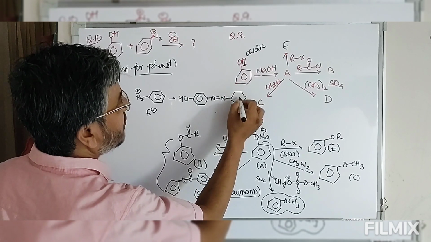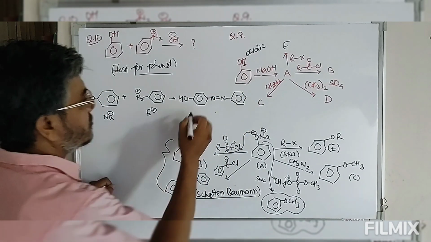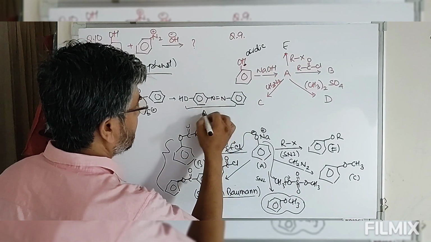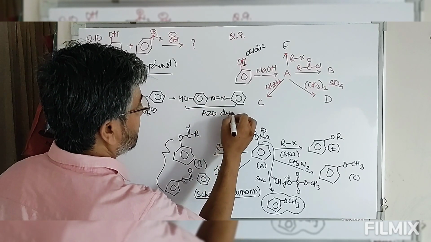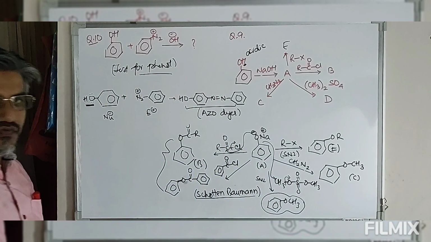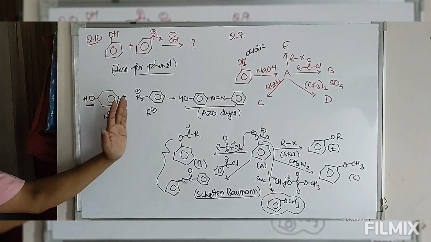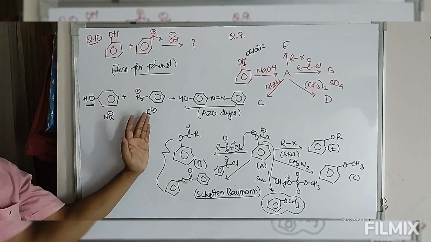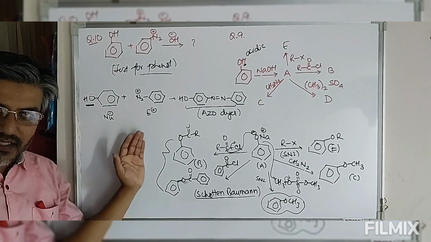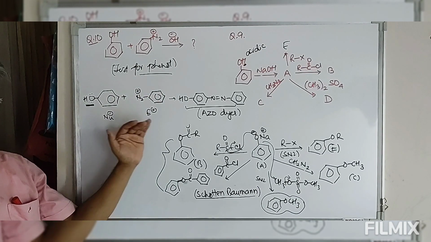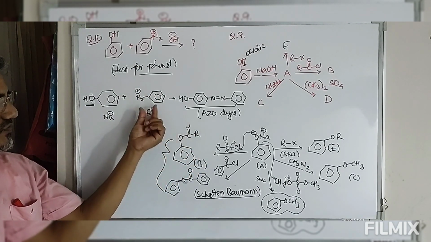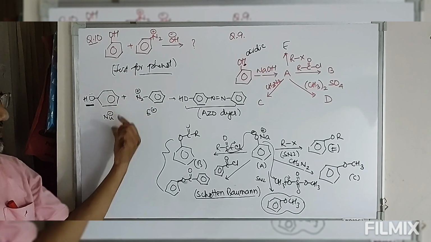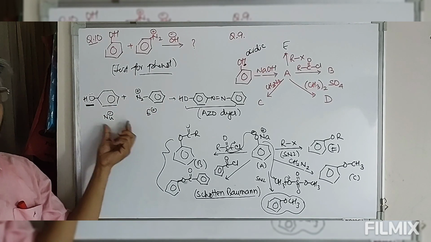This compound is a colored substance which is known as an azo dye. So phenols on reaction with benzene diazonium ion in the presence of mild alkali undergo a coupling reaction between phenol and the diazonium ion. This is nothing but an electrophile-nucleophile reaction.